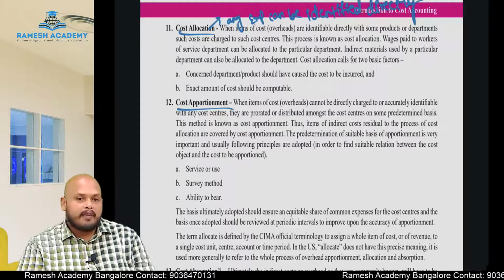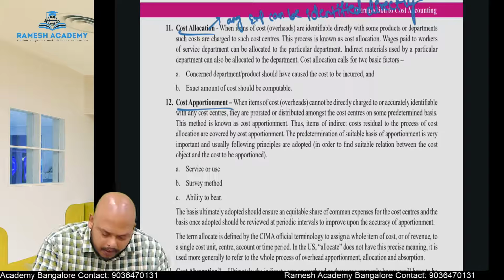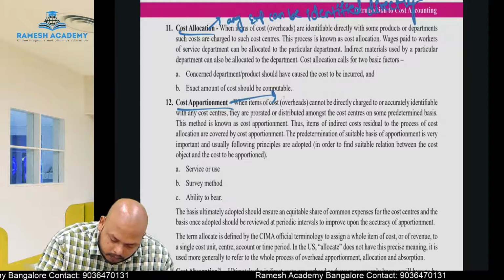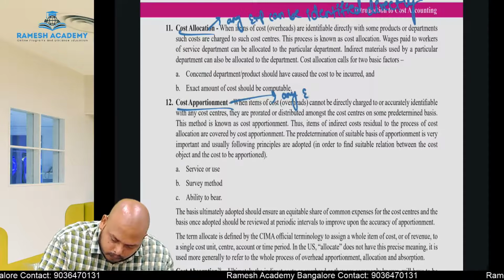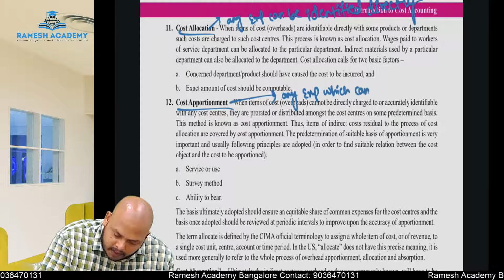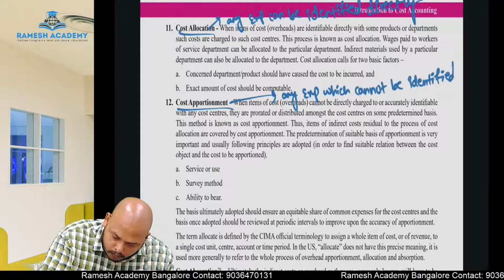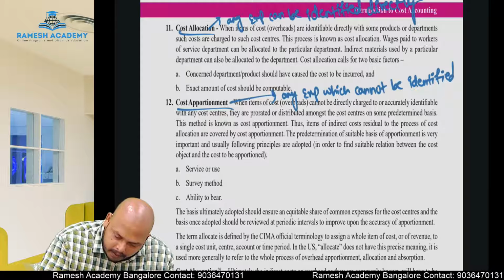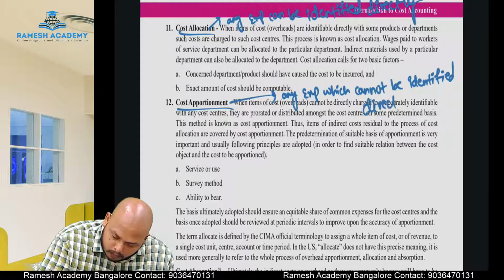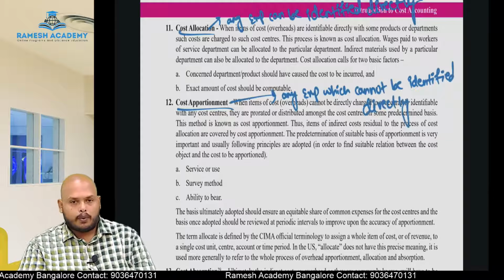Any expense which can be identified directly, that we call allocation. Any expense which cannot be identified directly, that we'll call cost apportionment.